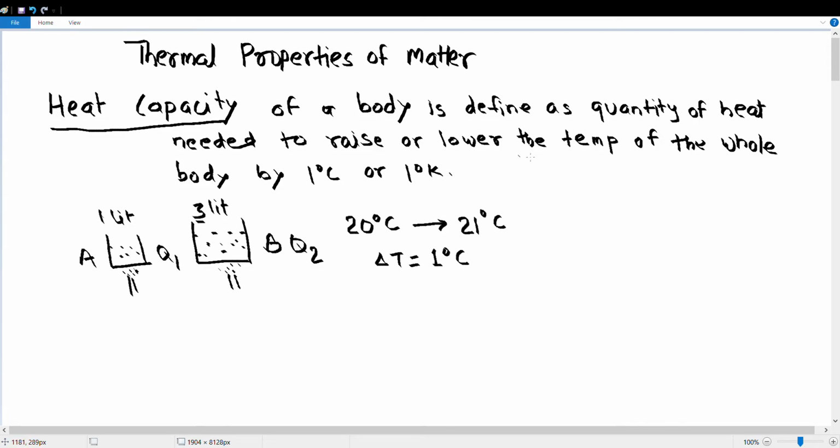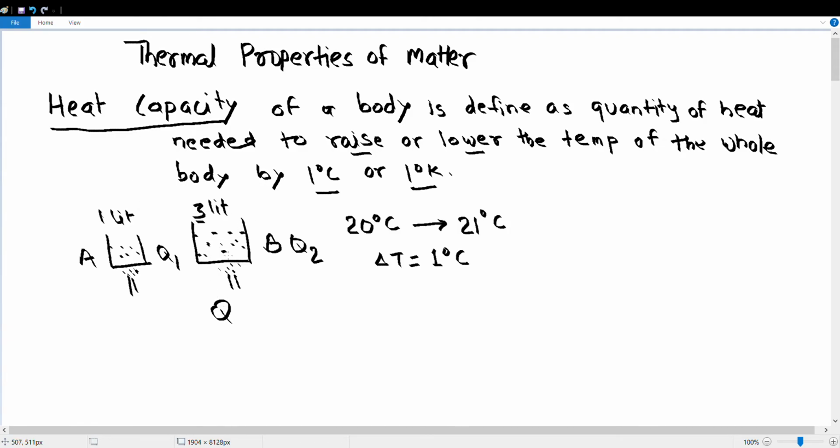Here the temperature is raised or lowered by 1 degree Celsius. To raise or to lower the temperature by 1 degree Celsius or 1 degree Kelvin, the quantity of heat Q is needed, and this quantity of heat is nothing but the heat capacity of that particular body.